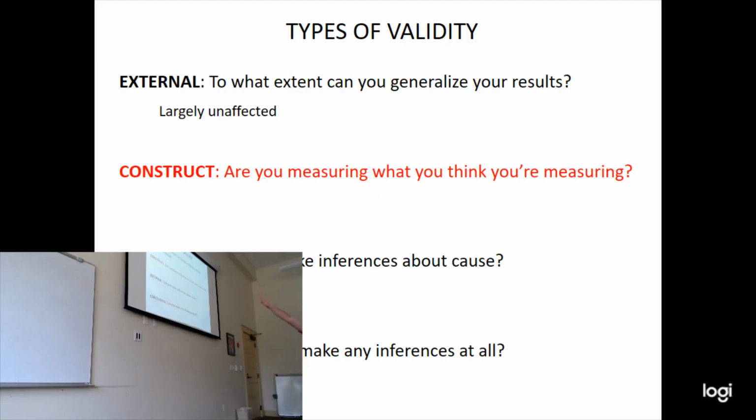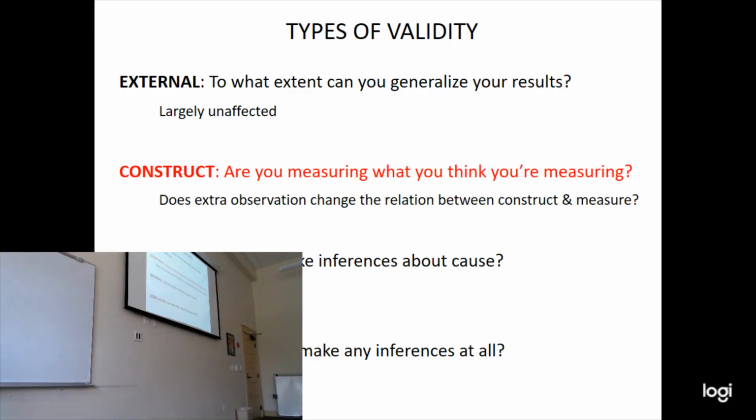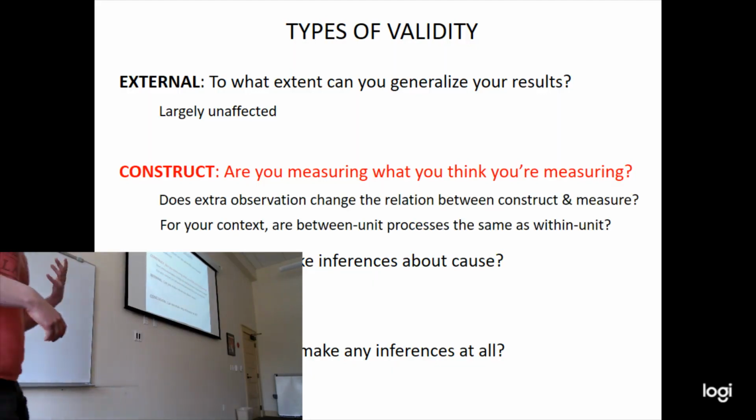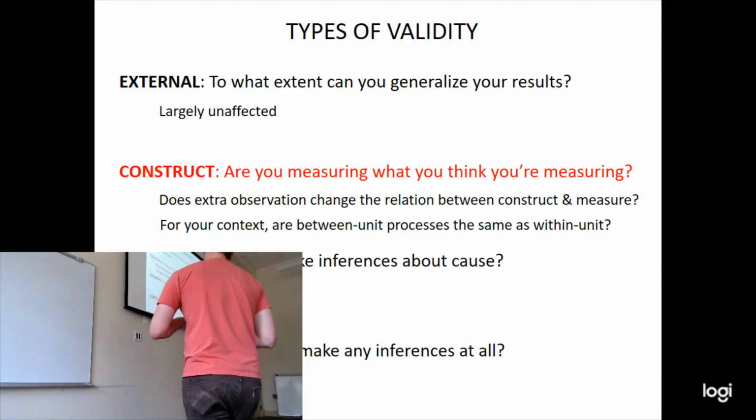This actually ties a little bit into the next type of validity too. But the general question to ask yourself is, does the experience of measuring something early affect the experience of measuring that same thing later? So in general, with construct validity, I think you can ask yourself 2 questions about whether it makes sense to do repeated measures or not.